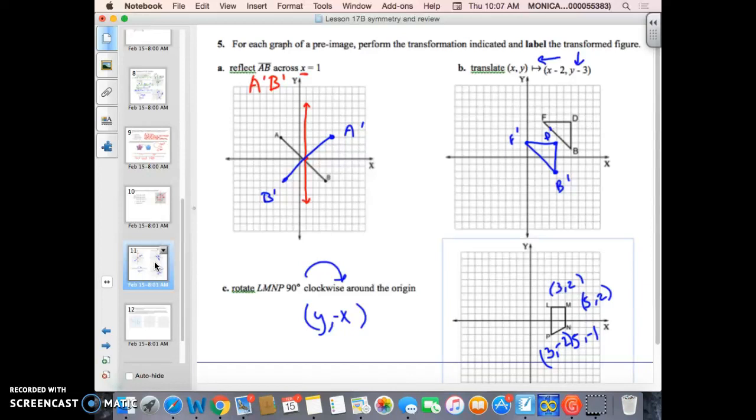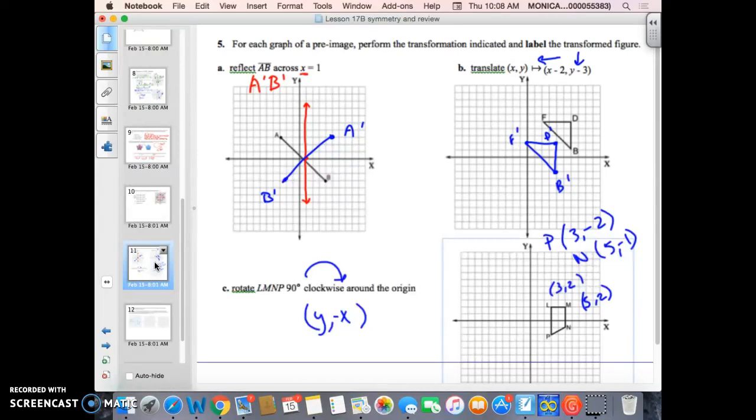So when I rotate this clockwise, let me write P up here and N up here because I'm going to need this space here to rotate.